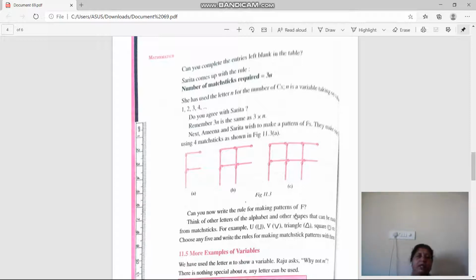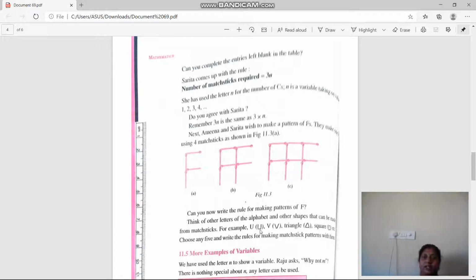Now we can make the rule for different English alphabets, or we can say shapes also. For U, how many sticks are required? 1, 2 and 3. See here, it has been shown in the bracket. Can anyone tell me the rule for it?